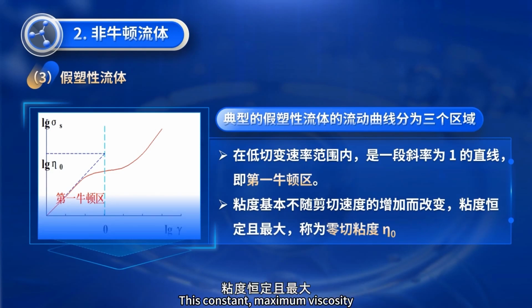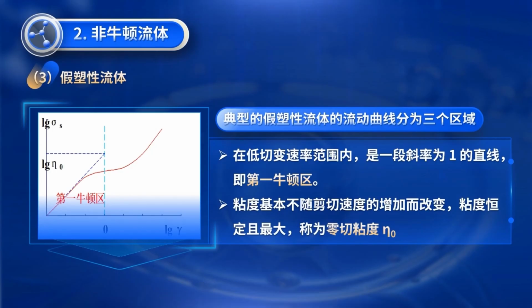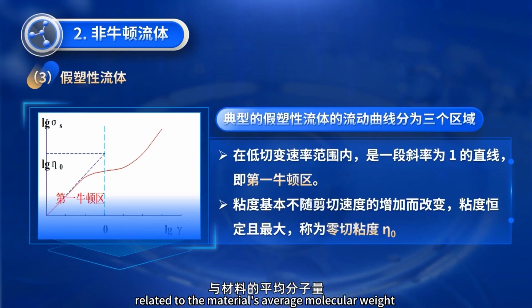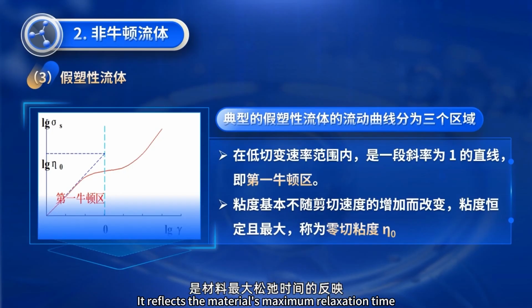This constant, maximum viscosity is known as the zero shear viscosity. Zero shear viscosity is an important material constant, related to the material's average molecular weight and activation energy for viscous flow. It reflects the material's maximum relaxation time.